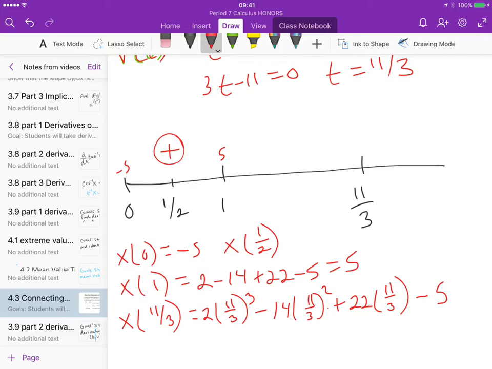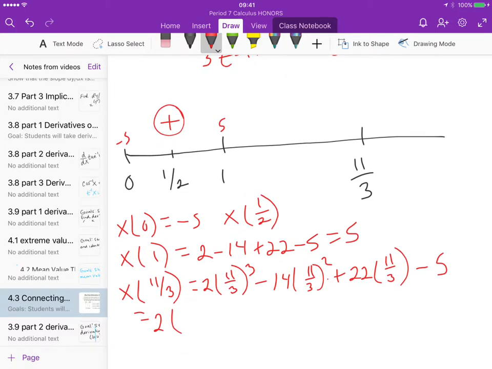All right, so let's kind of just take a look here, and just to simplify this out a little bit, we have 2 being multiplied by 11 over 3 cubed. Well, 11 cubed in this case will be 1331 over 27. And then we have 11 squared, which is going to be 121 over 9.